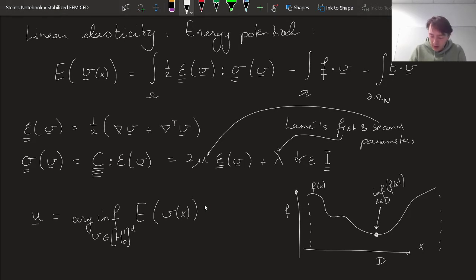So now this x here is actually the argument of the infimum of f of x for all x in the domain.